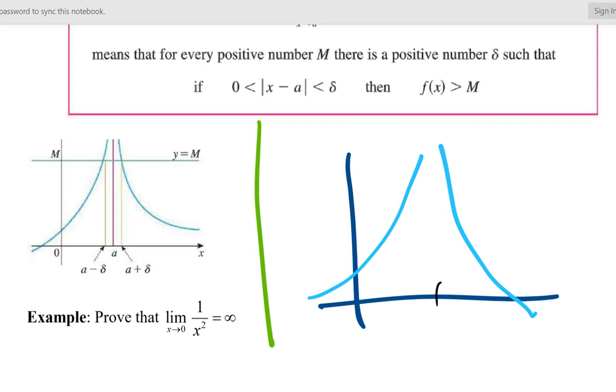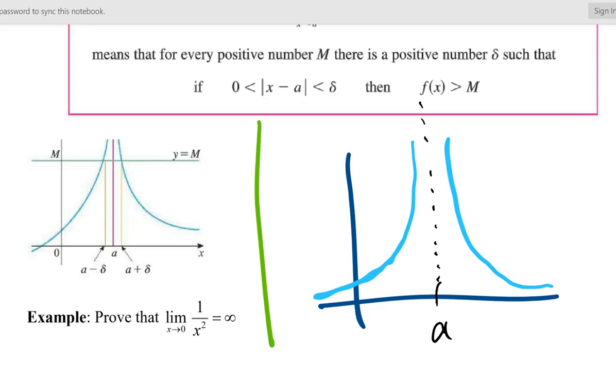This is a. Okay, so now what's happening here is that the limit is infinity if you can choose an M, okay? Someone hands you an M, all right? And there's a corresponding, let's use purple, there's a corresponding delta.